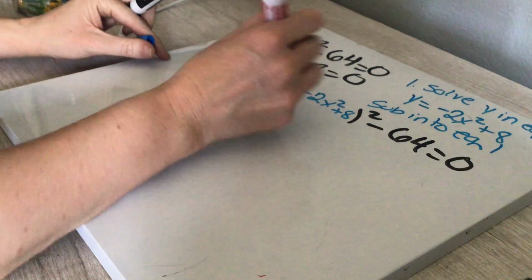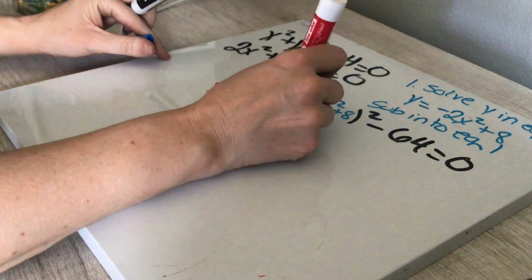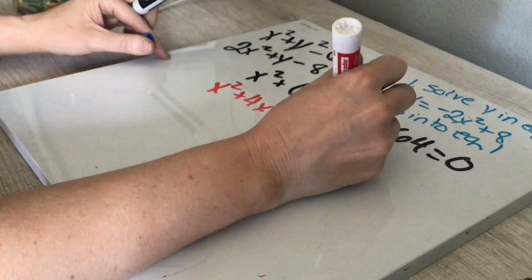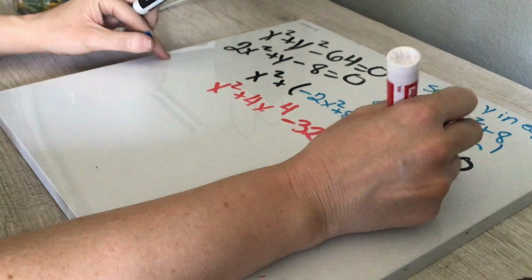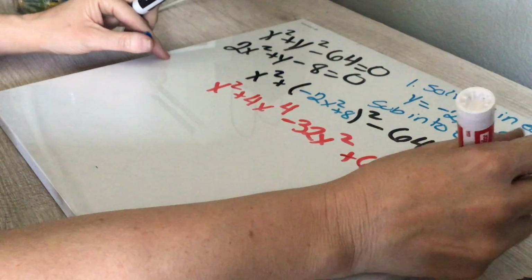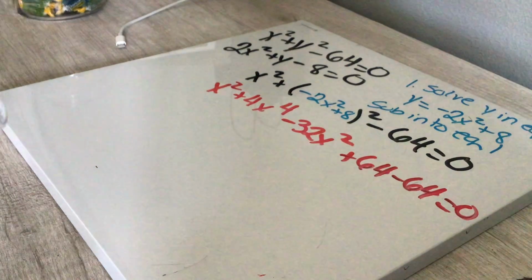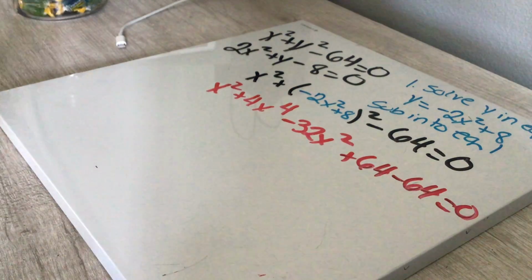So I get x squared plus 4x to the 4th minus 32x squared plus 64 minus 64 equals 0. Remember, to square something, it means to multiply it by itself. So I'd get negative 2x squared plus 8 times negative 2x squared plus 8.